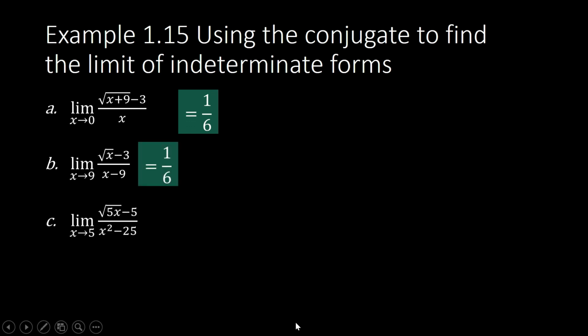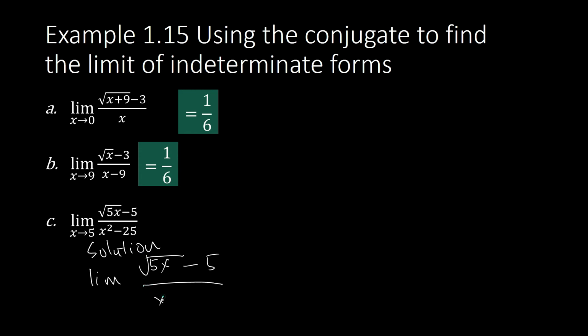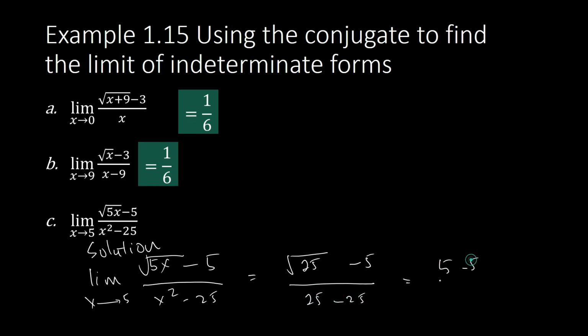Let us get the limit of the square root of 5 times x minus 5 divided by x squared minus 25. So this is an indeterminate form. You know what?